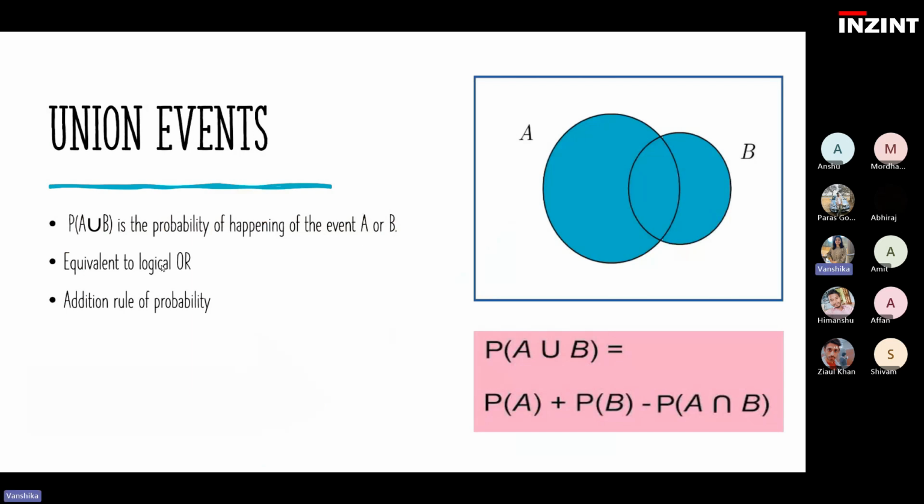This is equivalent to logical OR, and this gives us the addition rule of probability. So if I want to calculate the probability of A union B, I can use this formula: probability of A plus probability of B minus the intersection of both the probabilities. Are you guys aware of this formula? Can you recall a little bit about it?